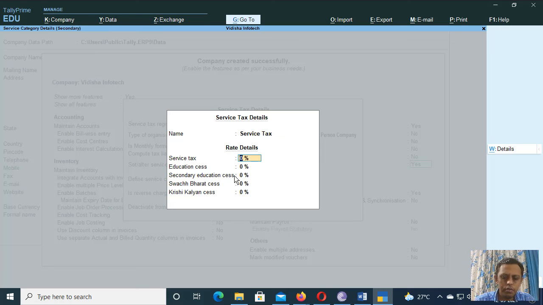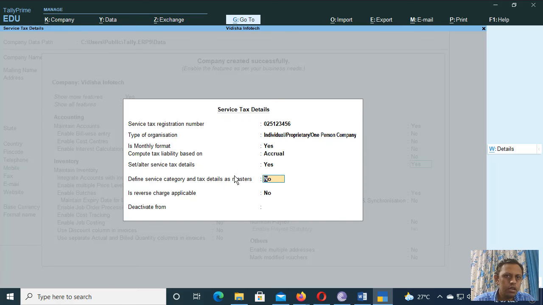Here I will put 24%, education fees, that is 2.5%, secondary education fees, that is 2.5%, and here 0.5, and here my service tax details have been saved.